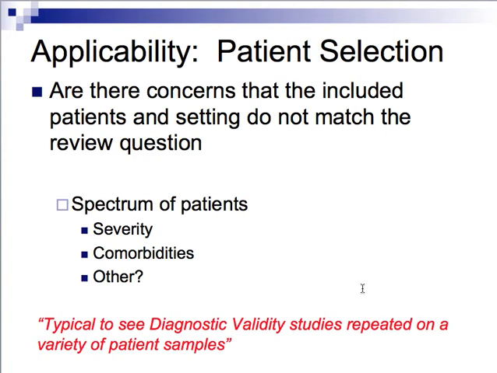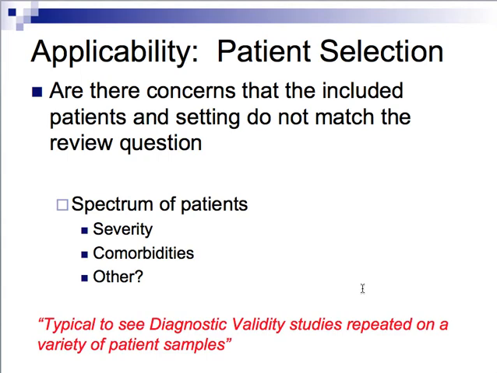For example, if you work only in a foot clinic where all of the feet you see have a variety of problems like diabetes and this kind of thing, those comorbidities may make it more difficult to diagnose tendon problems and things like that in the foot. What this is getting at is that it's really typical that different settings matter in terms of the success of a clinical test.